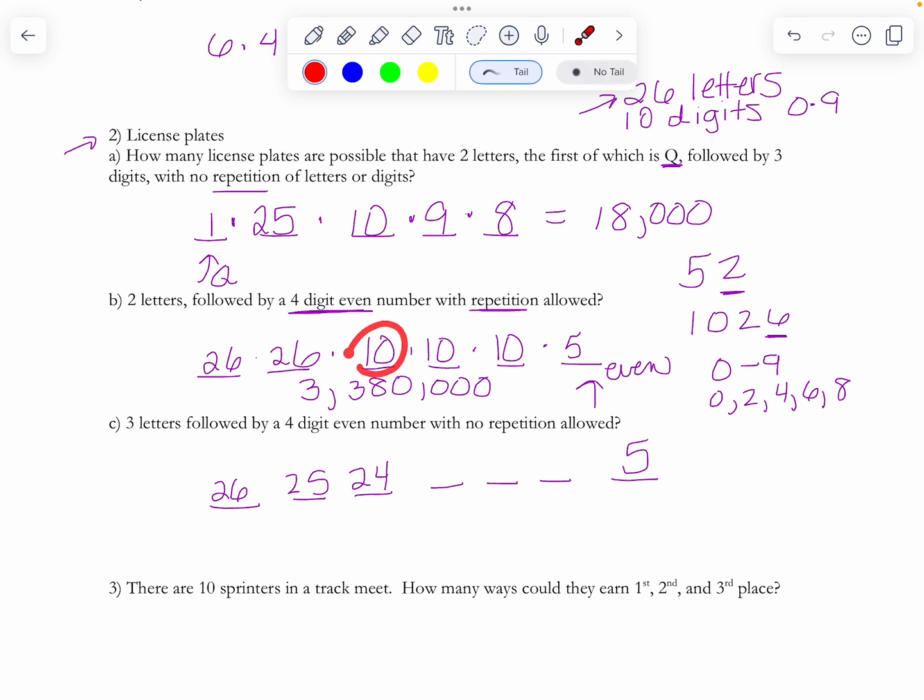So this spot can't be 10 anymore. I used one of those numbers, so it's going to be 9, and then 8, and then 7. We multiply those, and now that is, I think, 39,312,000.